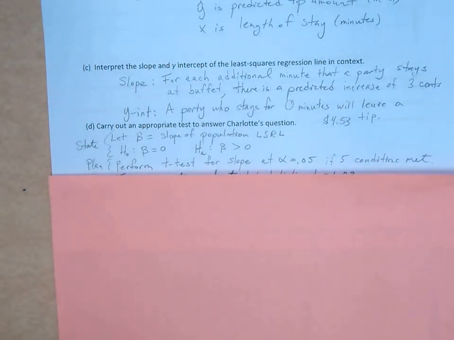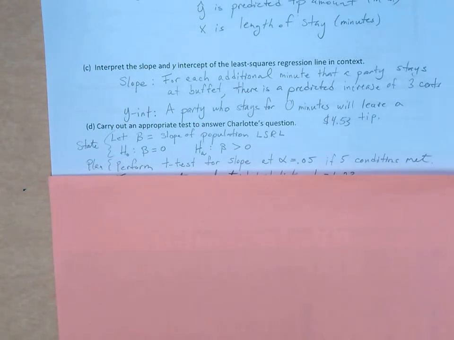So let's talk about those. The linear condition, is that met? Yeah, we looked at the scatter plot. It shows a linear relationship. Independent condition, we're not going to worry so much about, but we would assume that one person's tip amount is not affecting the other table's tip amount.